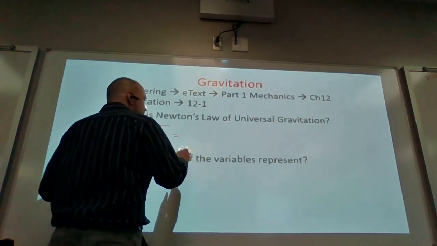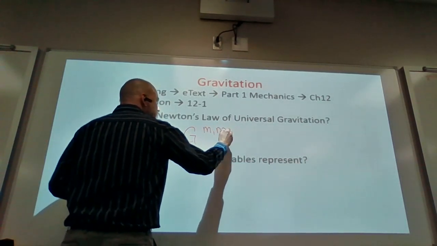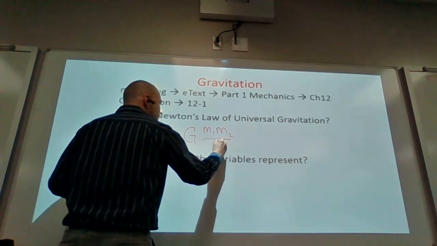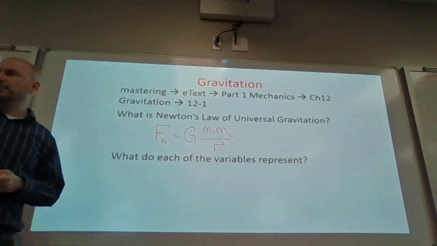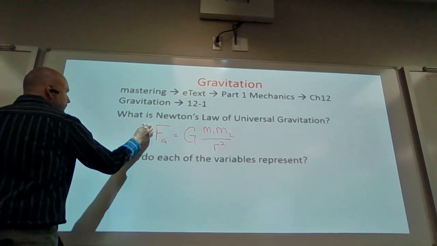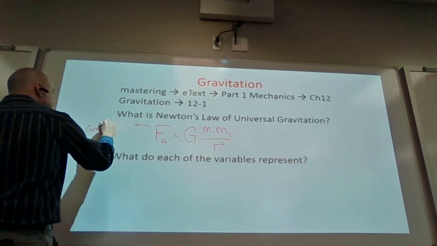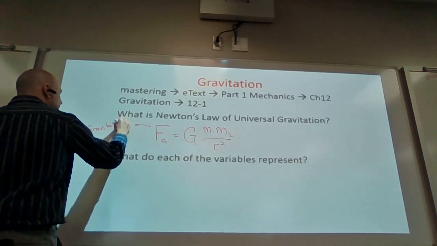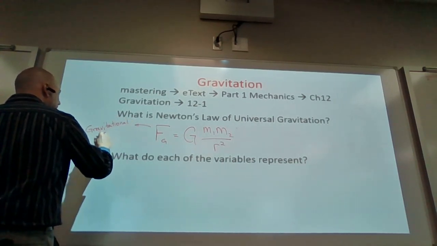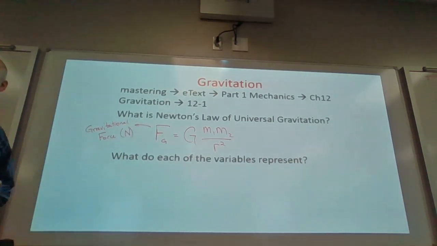Gravitational force is equal to G m1 m2 over r squared. And here's what each of those variables are. This is gravitational force, which is measured in newtons, so force.